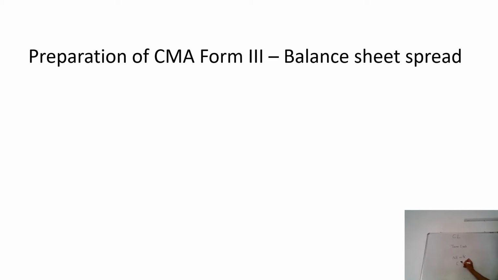After the net worth, the current assets come, then the fixed assets, then the non-current asset, and then the intangible assets. This is how the balance sheet form number 3 is prepared. The first one, current liability, then term liability, then net worth, then current asset, fixed asset, non-current asset, and intangible asset.